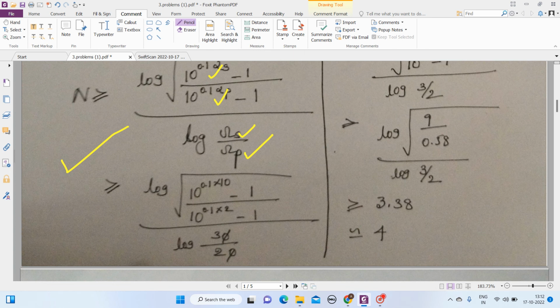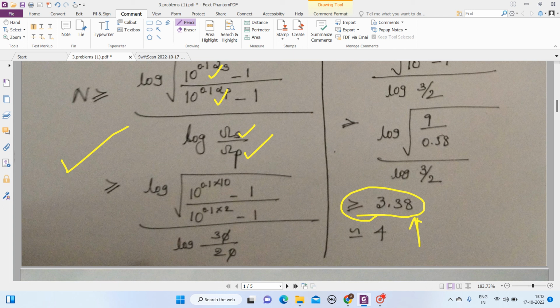So finally you will get 3.28. This is an approximated value of n. So you have to convert it into the next highest integer number, right? So here I got 3.38. So the higher value for this 3.38 is 4. If it is 4.48, it is 5.